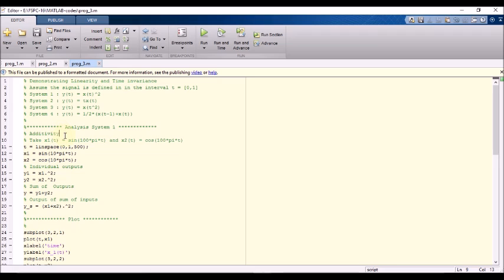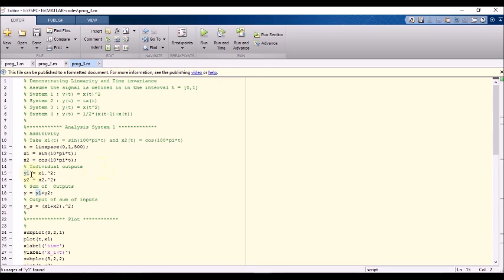So let us take an input x1, which is the sine of some frequency, and x2 to be a second signal of the same frequency, but now it is cosine. Now we apply the sine and the cosine separately to the system.